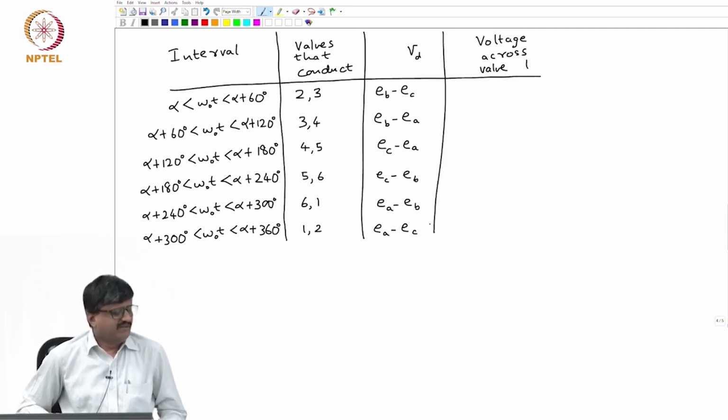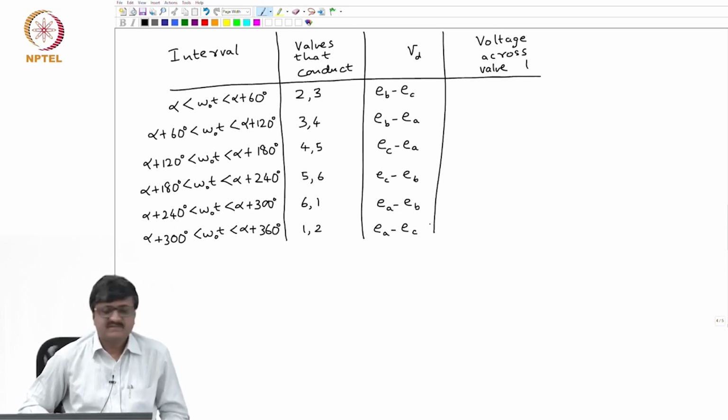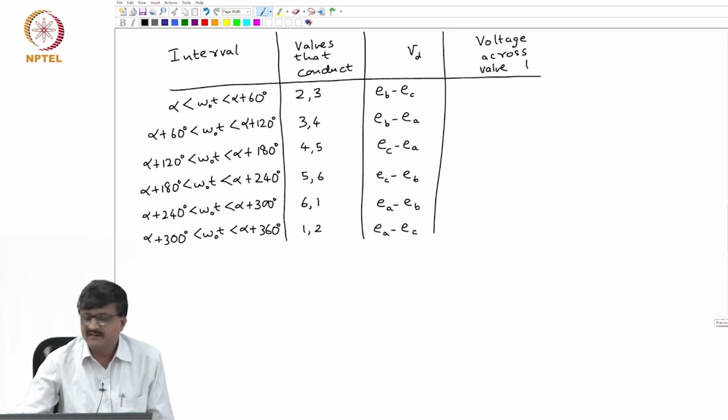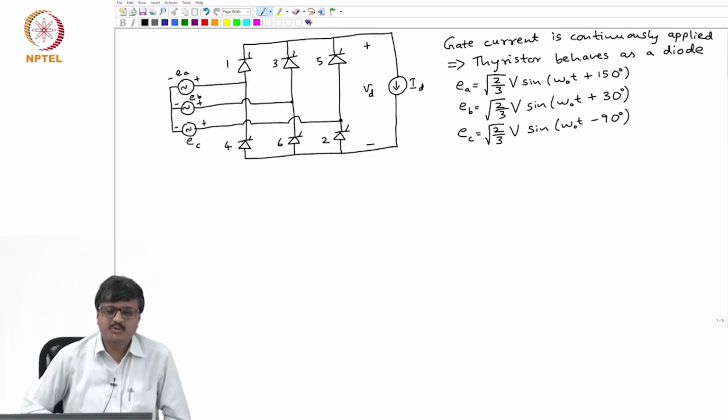Then let us look at the voltage across one of the valves, say valve 1. Now, how to get the voltage across valve 1? Again, go back to the circuit diagram. 2 and 3 are conducting in the first interval. What is the voltage across valve 1? It does not matter whether 2 conducts, the point is 3 is conducting.